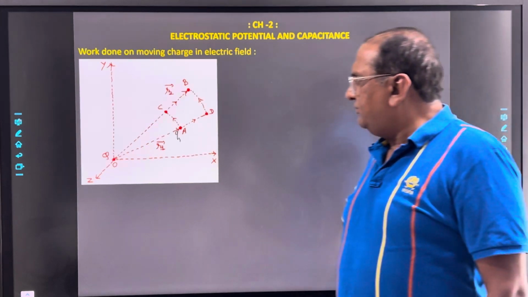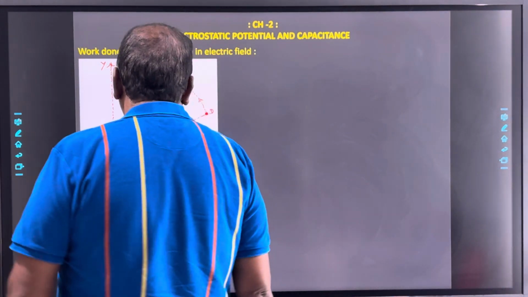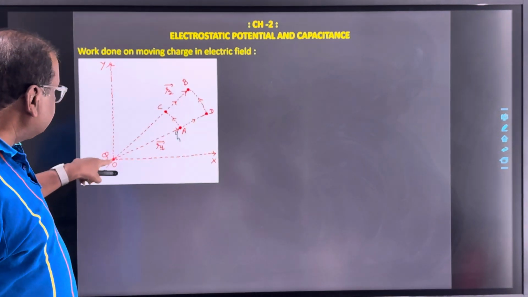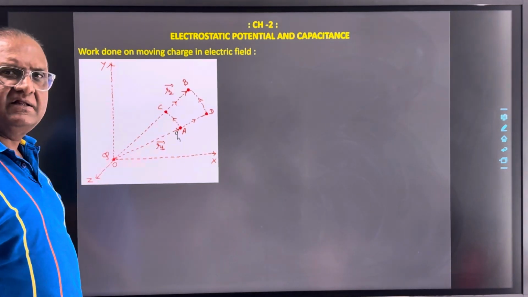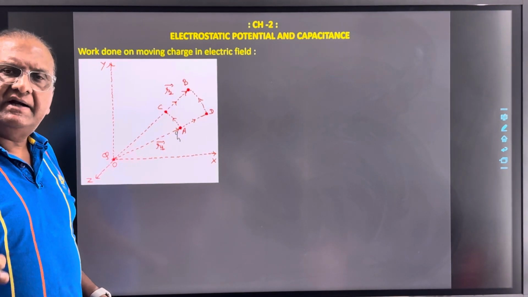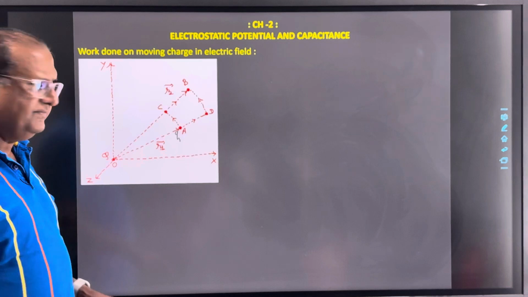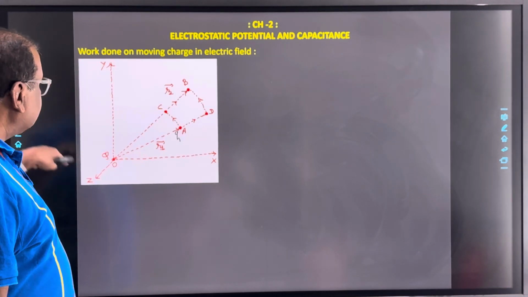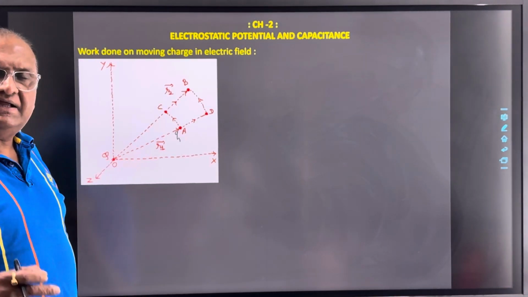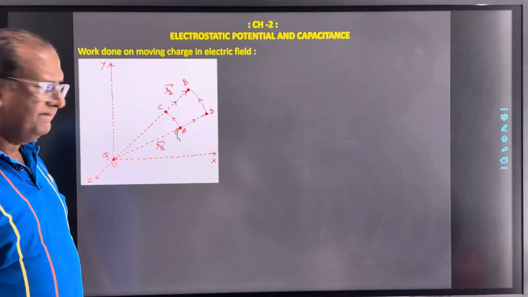Okay, work done on moving charge in the given electric field. Suppose we consider a source charge capital Q which is at the origin of Cartesian coordinate system, and in the space its electric field is prevailing.